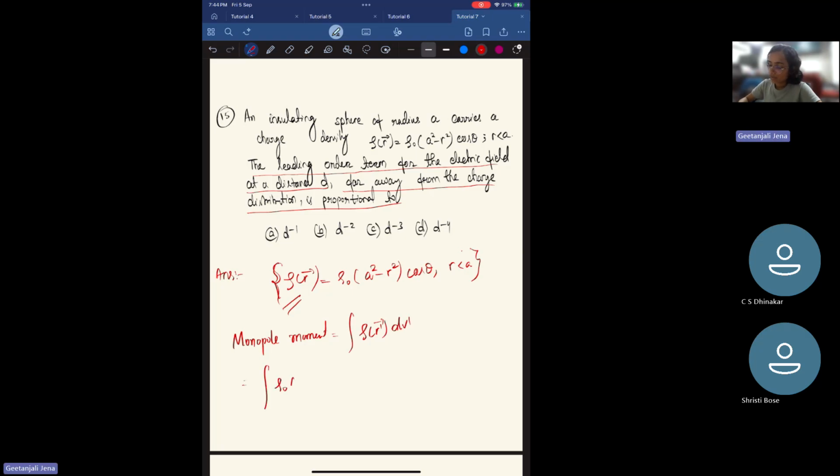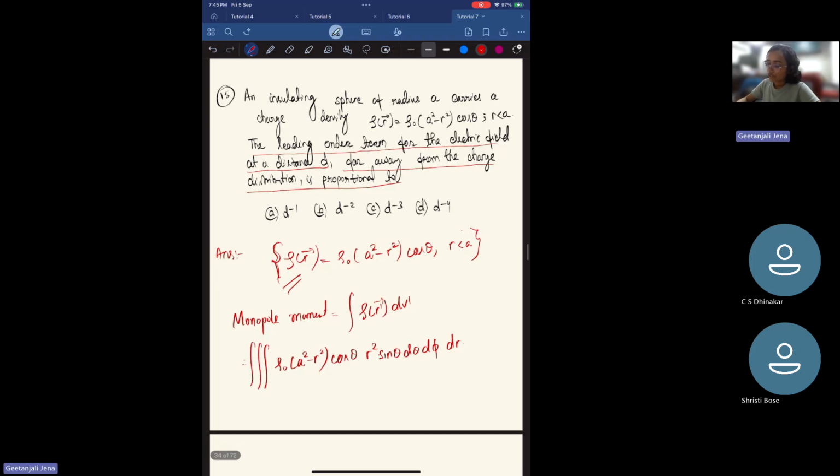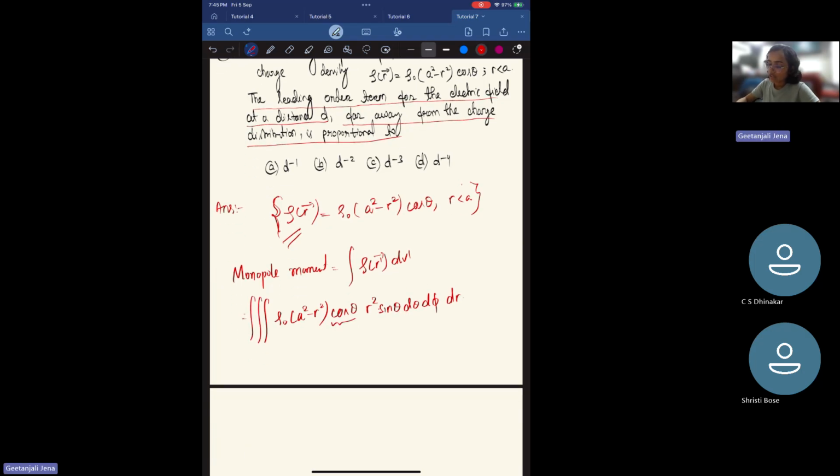It is rho 0 a square minus r square cos theta, and dv is r square sin theta d theta d phi dr. But if you look at the theta integration, it has cos theta and sin theta, which is nothing but sin 2 theta. And the sin 2 theta integration between 0 to pi, it will be 0, right? So this is 0. So that is why the monopole term is not dominating.